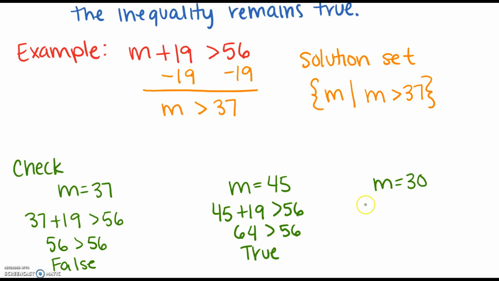If m is equal to 30, then we have 30 plus 19 is greater than 56. 30 plus 19 is 49, and 49 is not greater than 56, so that one is false. If we go back and look at our solution set, 30 could not work because 30 is not greater than 37.